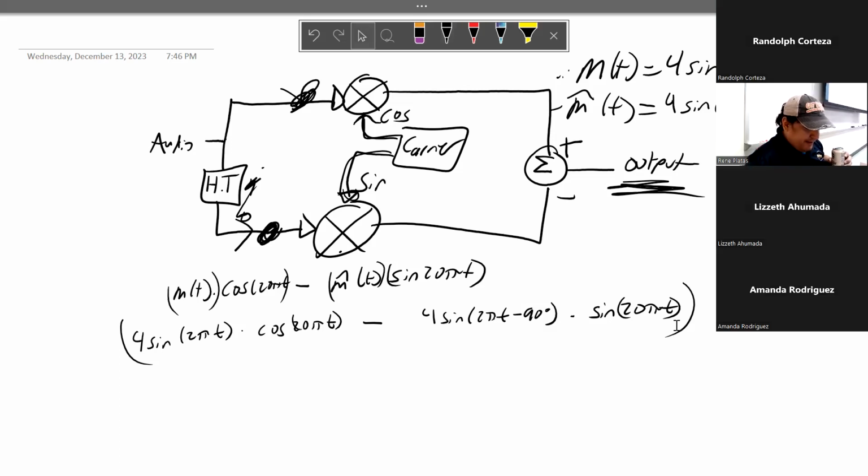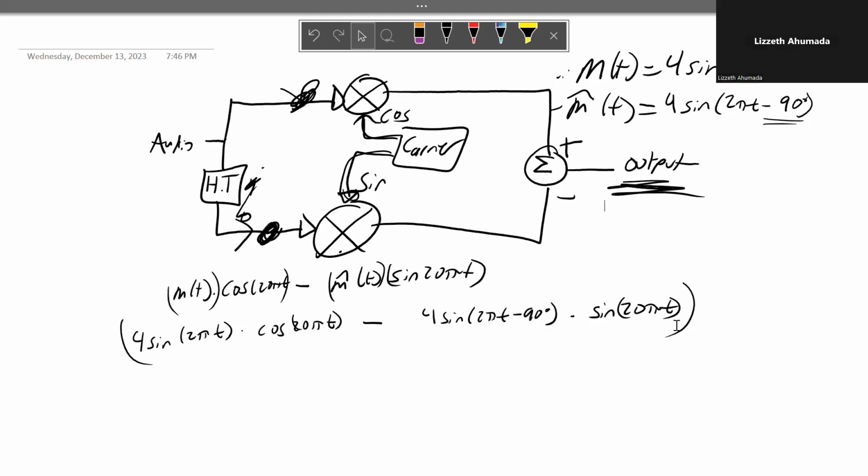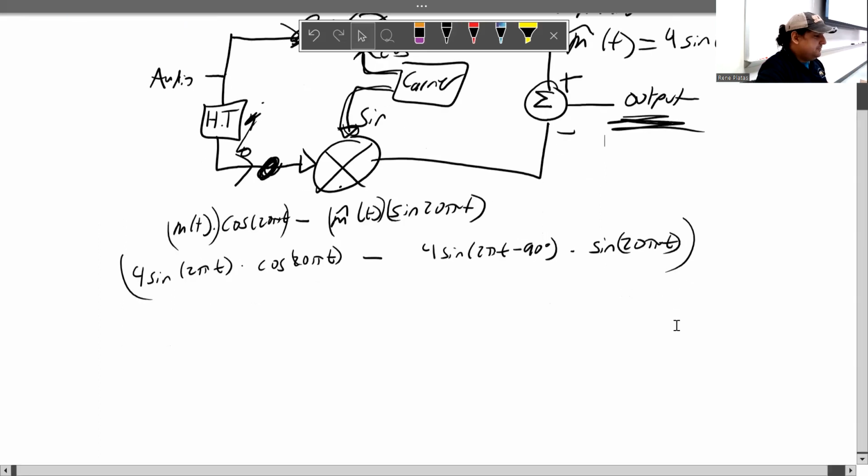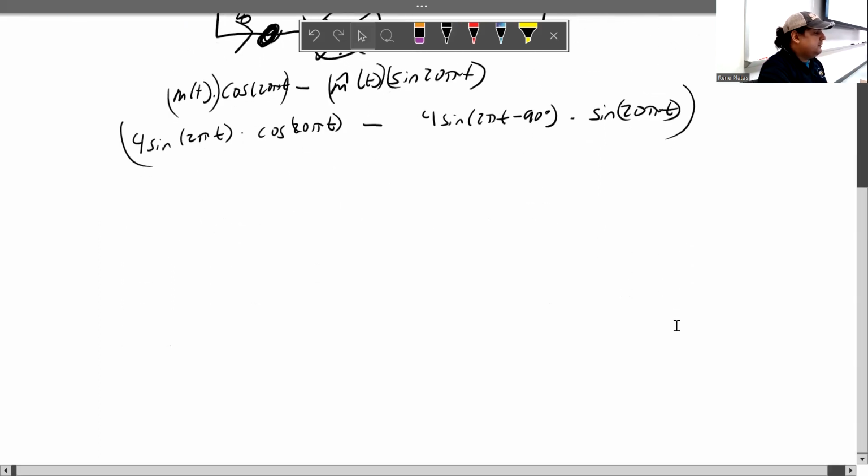What's this here, Amanda? I thought we needed to draw the double-sided amplitude and phase spectrum for that. Oh, we do. Let's do it then.